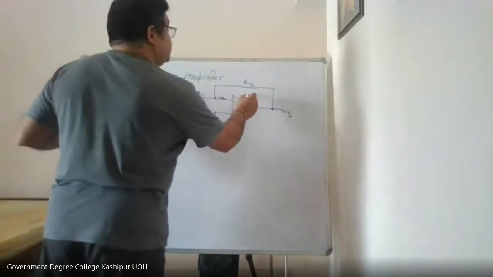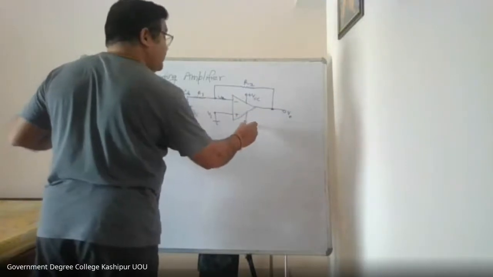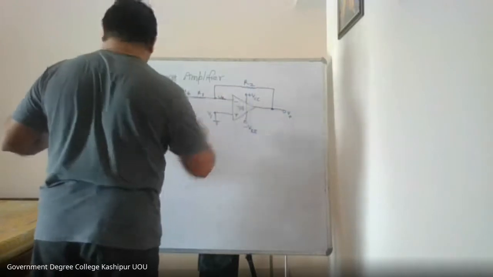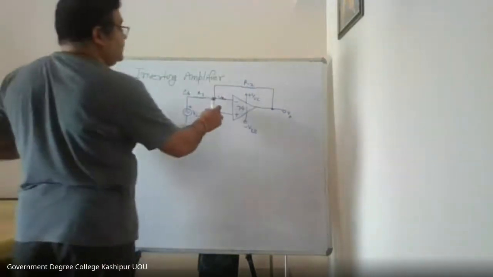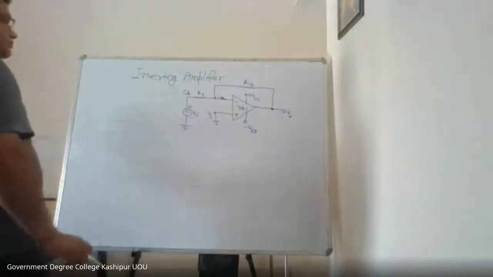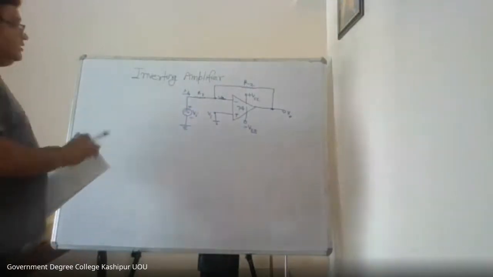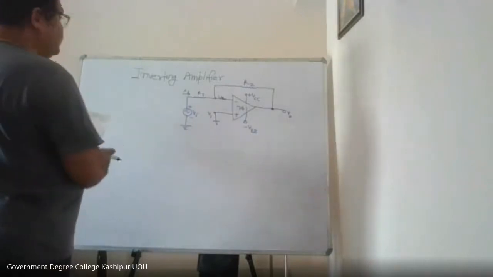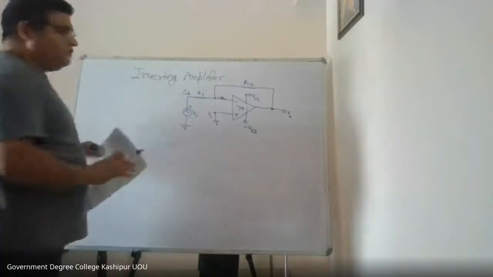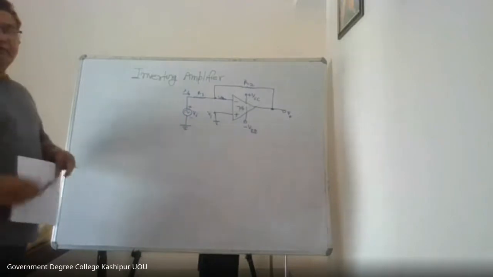This is a 741 operational amplifier, a closed loop operational amplifier, because we have given the feedback. The R2 resistance is used here. This is the circuit diagram of the closed loop inverting operational amplifier.